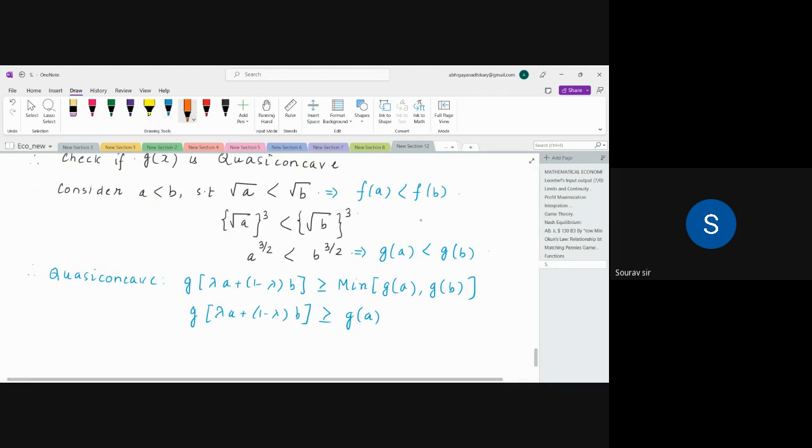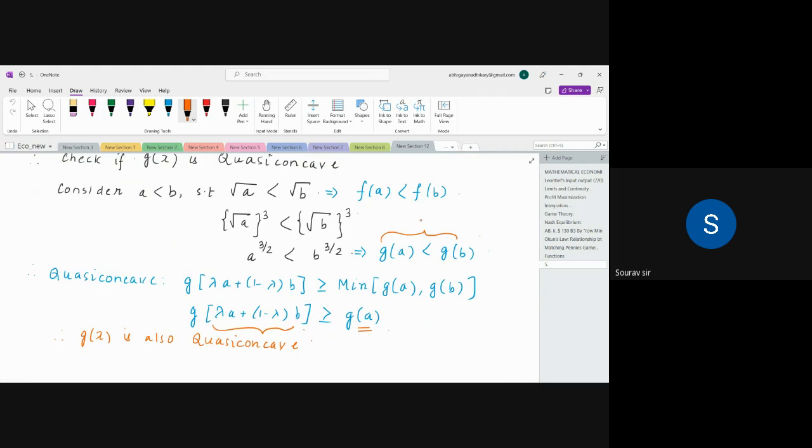As g(a) is less than g(b), if you take any point in between this range a and b, that would be greater than or equal to g(a) for sure, and therefore g(x) is also quasi-concave. If the original function is quasi-concave, then if you take a monotonic transformation, that also is quasi-concave. So that is preserved under this monotonic transformation.